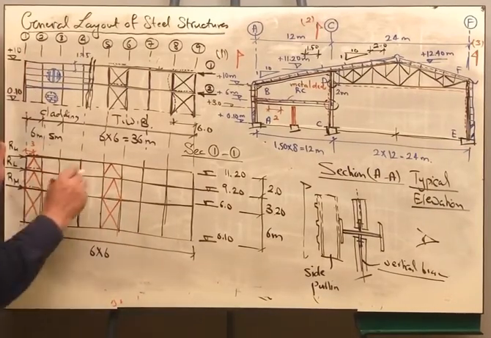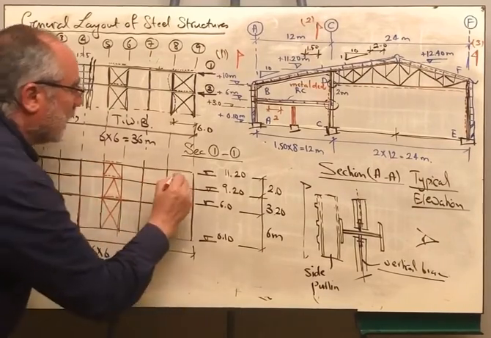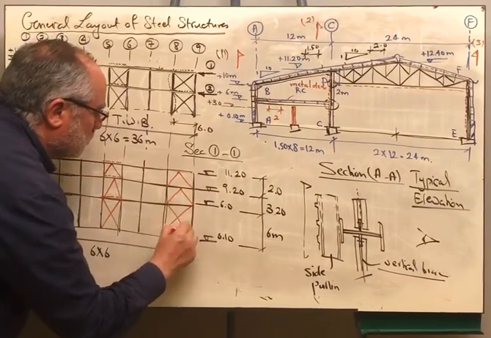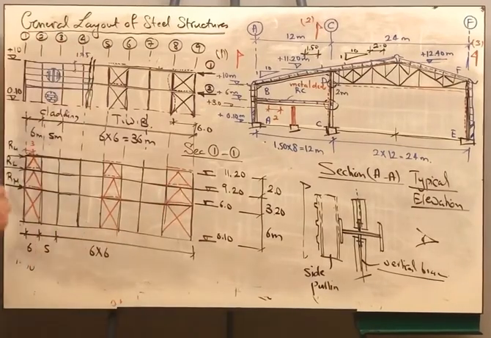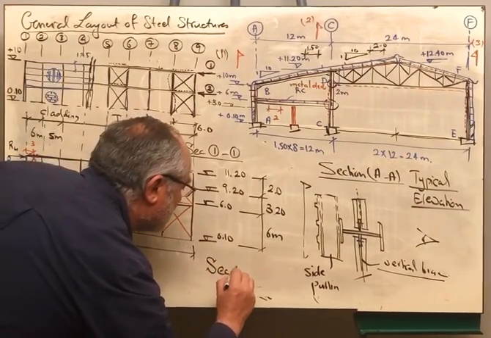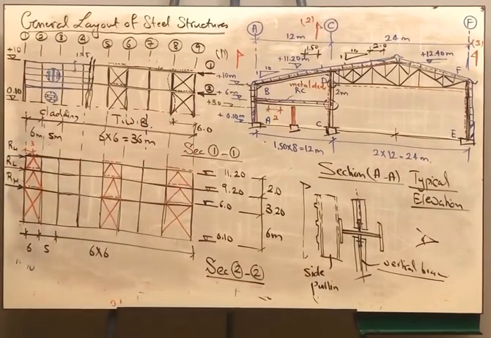Whenever we are having horizontal bracing, there should be vertical bracing. And also at the end, we should also have bracing like that. This will be section. This will be section 2. Okay? This is the side view.